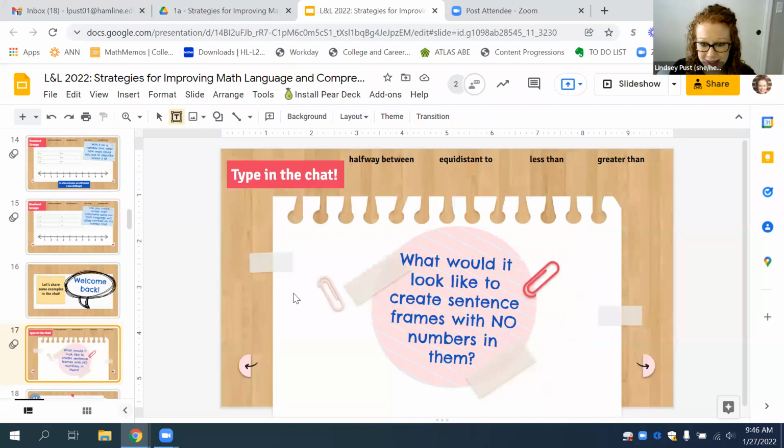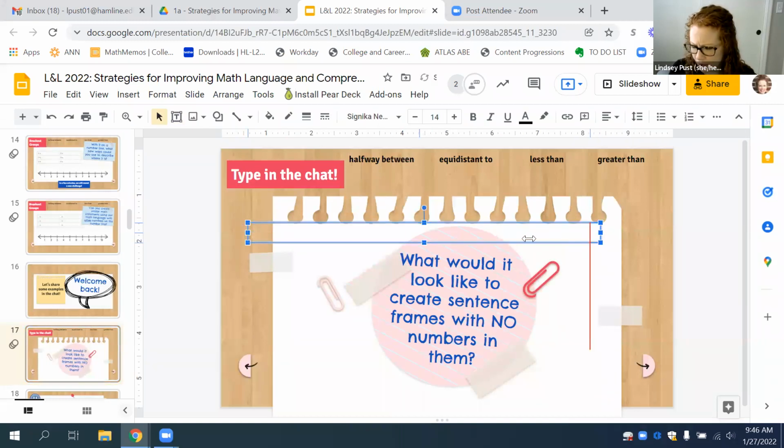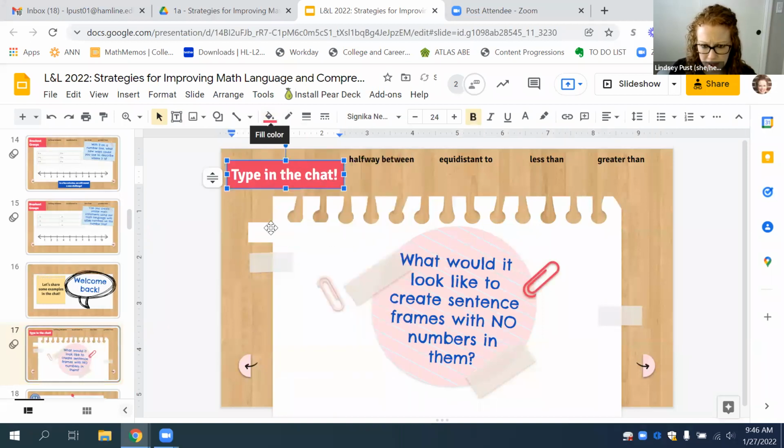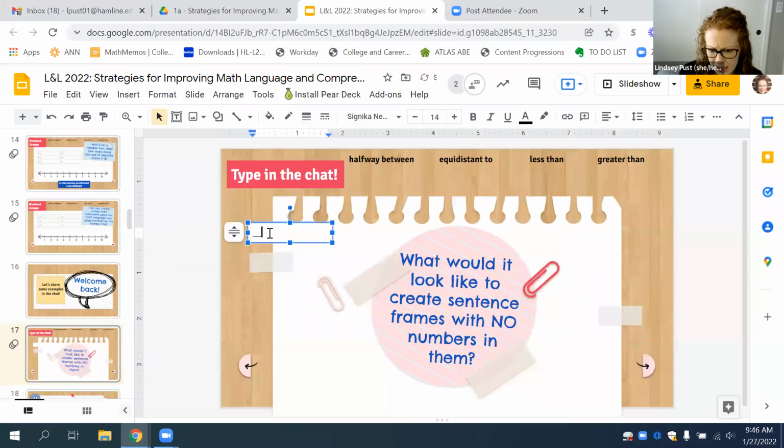So, for example, maybe I write, blank is halfway between blank and blank.